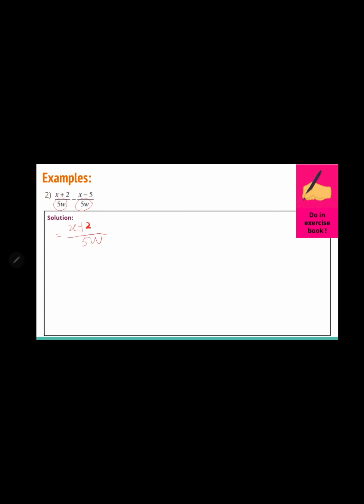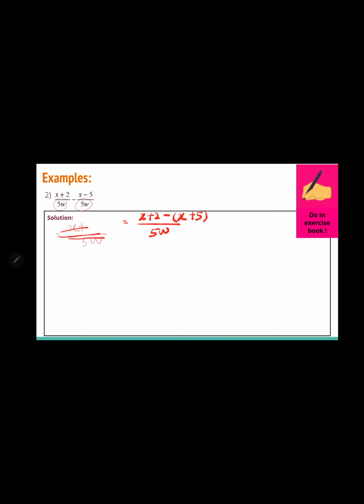So I will have equals, the common denominator 5w, x plus 2 minus, now since this is minus, we need to be extra careful here, x plus 5.